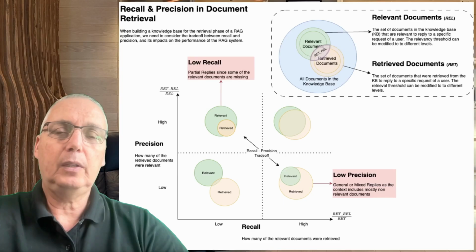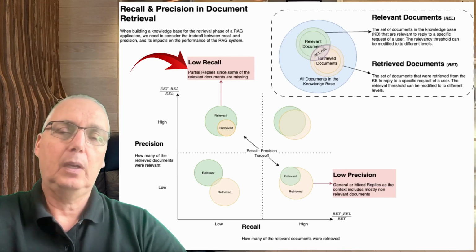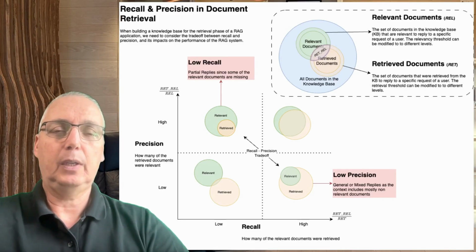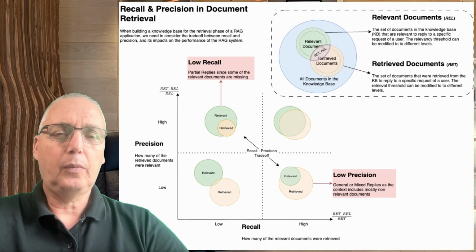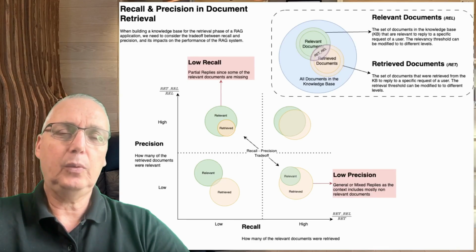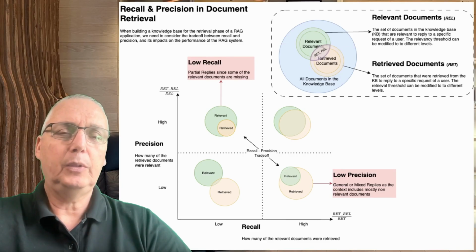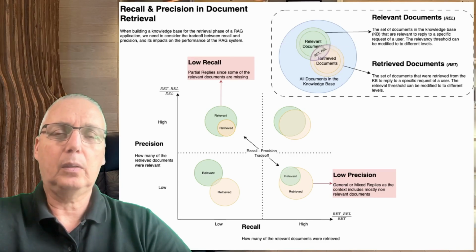On the other end, if we have low recall, we will get only partial replies, since some of the relevant documents are missing when they are sent to the generation part. So overall, we need to understand this kind of a trade-off. We need to be careful when we are setting those thresholds or the max number of documents, and we always need to think how we can improve this retrieval part, which is the core of our RAG application.